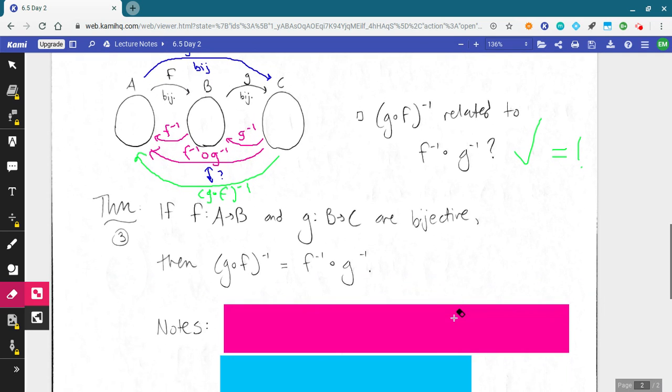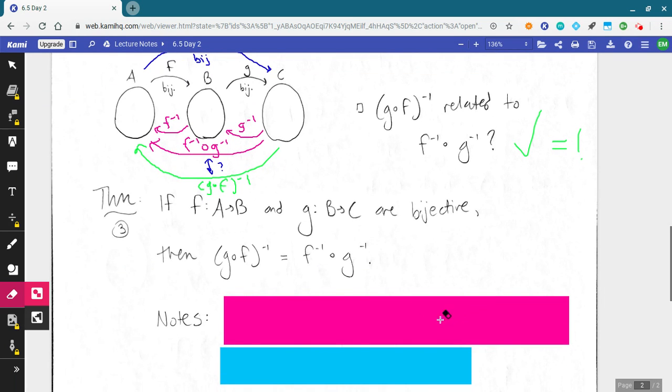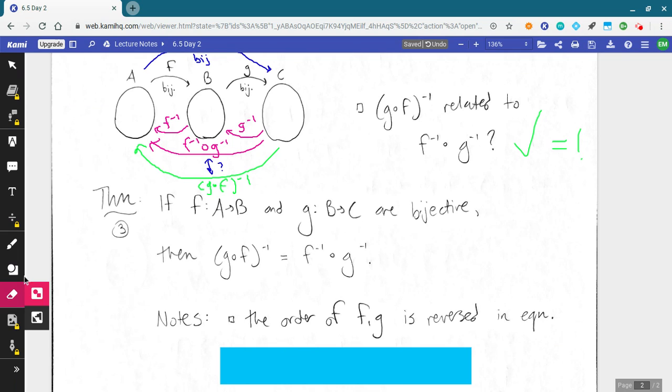All right, a couple of notes before we dive in and prove this. The first is comparing the left-hand side with the right-hand side of this equation. If we look at G and F, on the left, G is on the left, F's on the right. But if we look on the other side, things have flipped. The order of F and G reverses as we move from one side to the other in our equation.